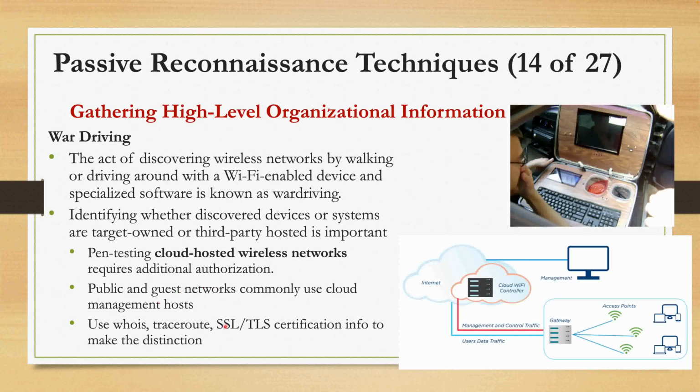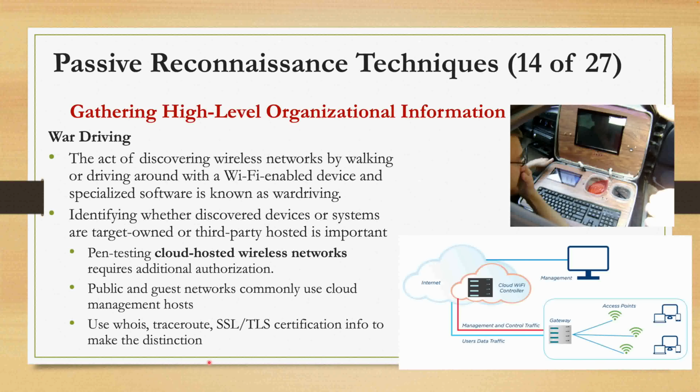So how do you identify the ownership of discovered wireless networks and systems? A pen tester can use different tools like the ones you see on the screen over here, like WHOIS lookup. I already spoke about this. Traceroute. And here we have the SSL/TLS certificate. For wireless networks using a secure protocol like WPA2 or 3 Enterprise with RADIUS servers, you need to analyze the SSL or TLS certificate, which can reveal ownership or hosting details, like the organization name and domain associated with it.